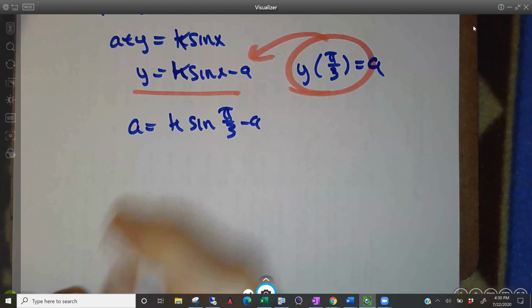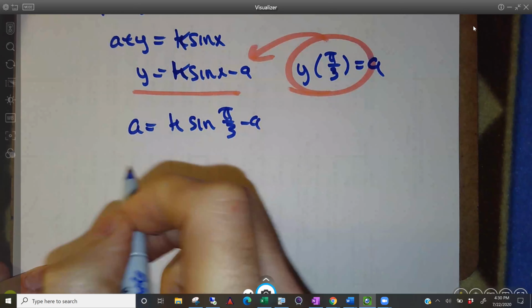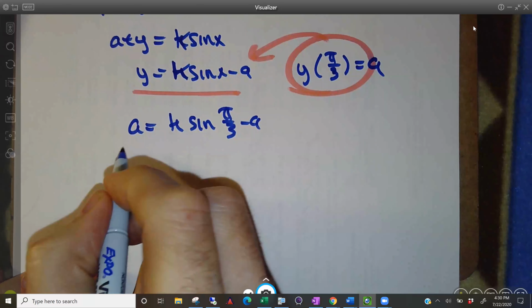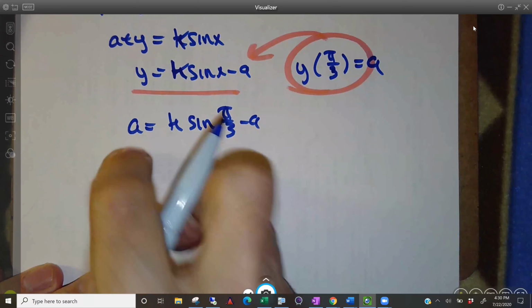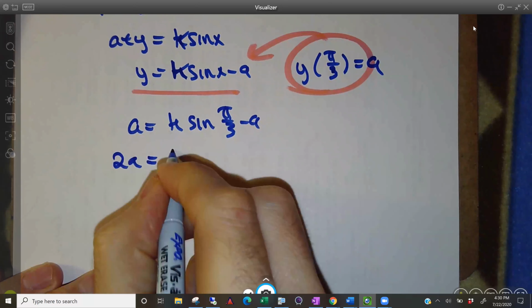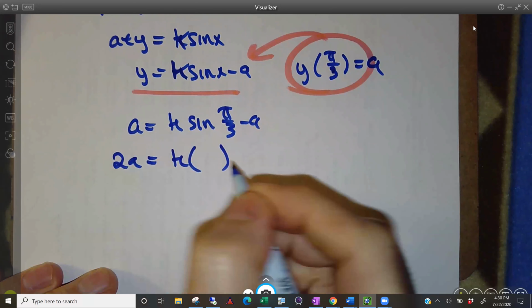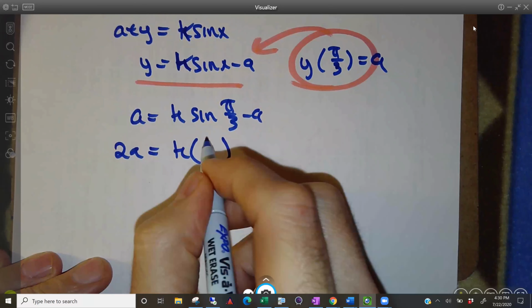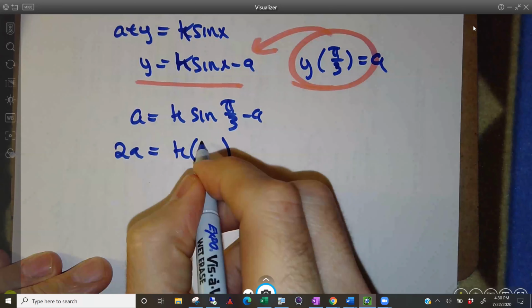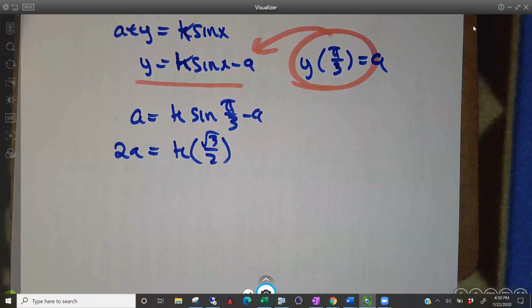After hours of calculus class, I'm not going to bother you for figuring out what this is. I'm going to add a to both sides and get 2a equals k times sine of pi over 3, which is square root of 3 over 2. To finish solving here, I'd multiply both sides by the reciprocal.